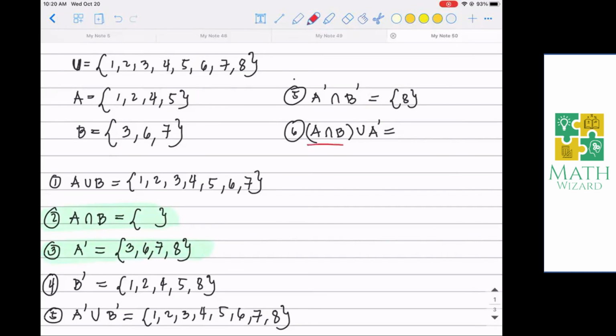So, A intersection B, ito yon. And then A complement, ito naman yon. Ano yung union nila? So therefore, ang magiging sagot natin pag pinag-combine natin ay we have 3, 6, 7, and 8. Kapag nalilito, medyo nakakalito to, message nyo lang ako.